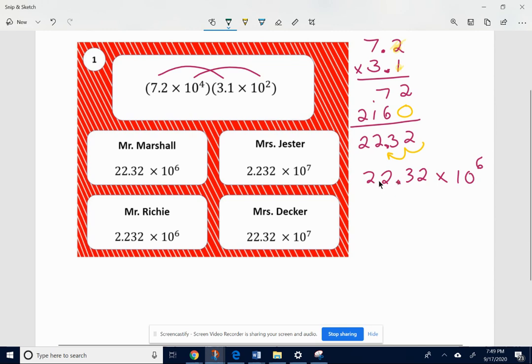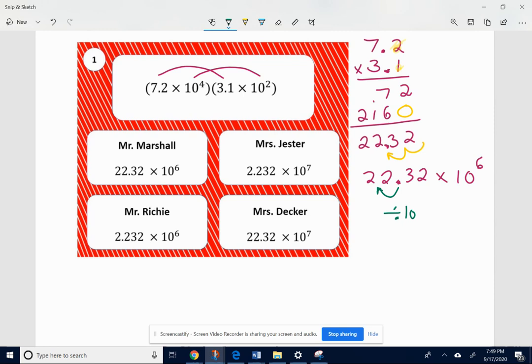I want one non-zero digit in front of the decimal point. So if I move it there, I'm dividing by 10.